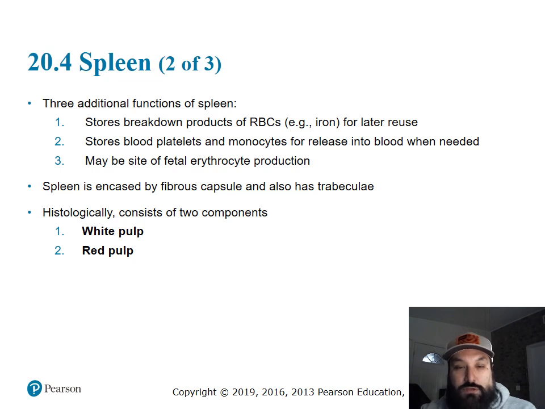Okay, so here are another three functions of the spleen, right? It stores breakdown products of red blood cells for later reuse, and in particular, here's a place in the body that we store iron, right? Remember, erythrocytes, red blood cells, 90 to 120 days is their life cycle.